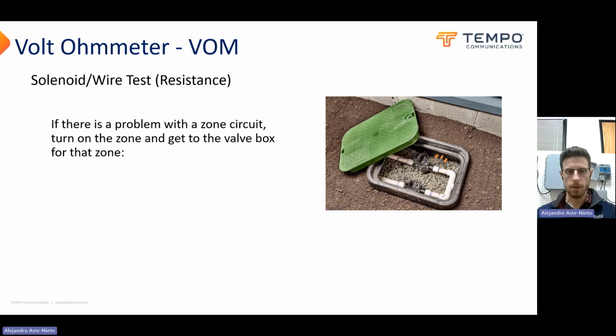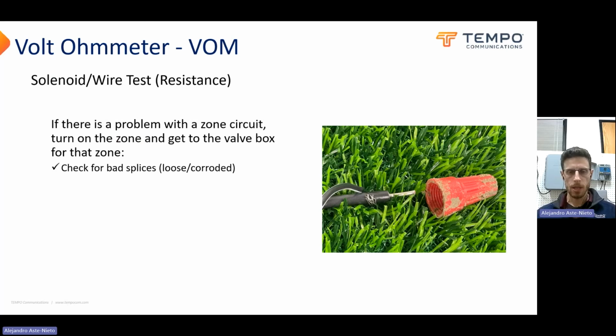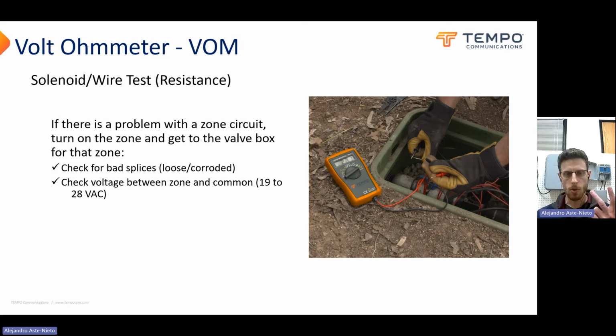in the valve box. You can actually turn on the zone for that valve box and go to the valve box and check for anything obvious, like bad splices or a lack of voltage there in the valve box.